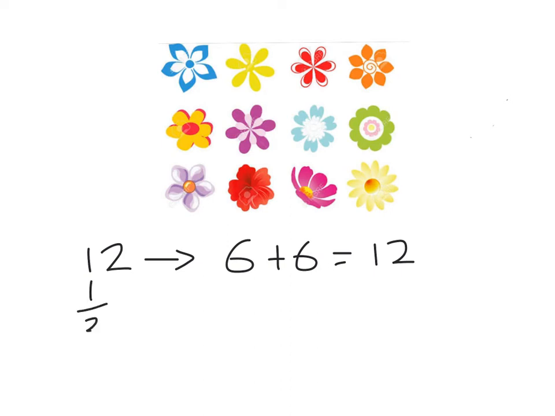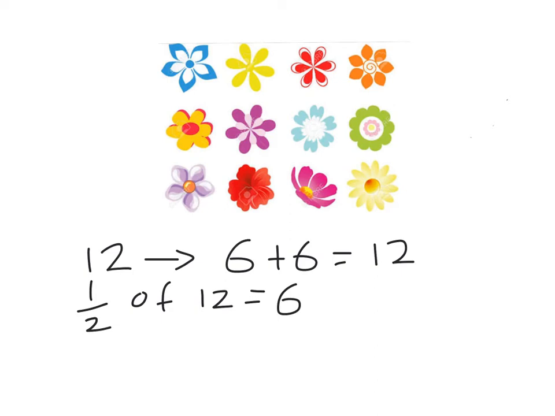Now let's go back to thinking about how we can use our doubles to find quarter. So I know that I have 12 flowers. I know that double 6, 6 plus 6 equals 12. So therefore 1/2 of 12 must equal 6.